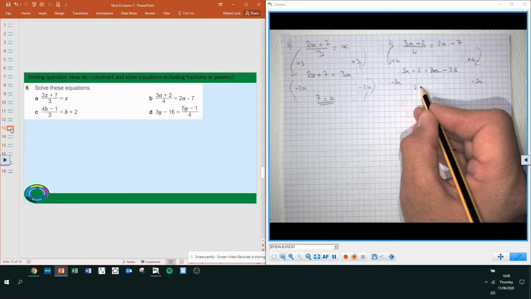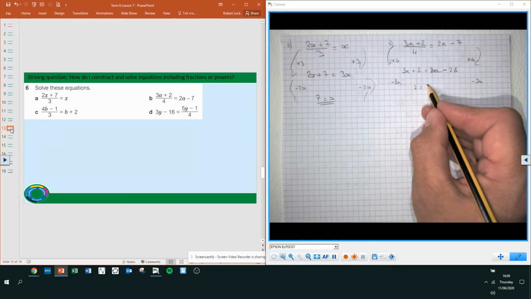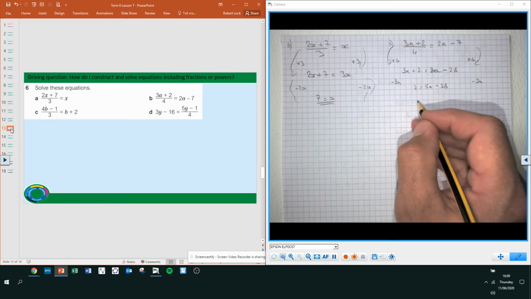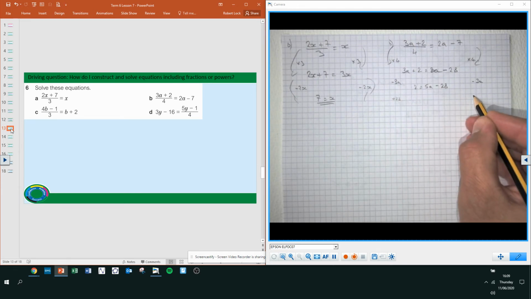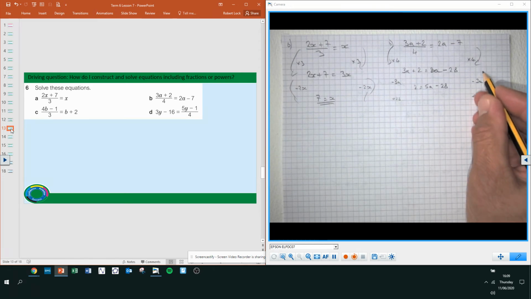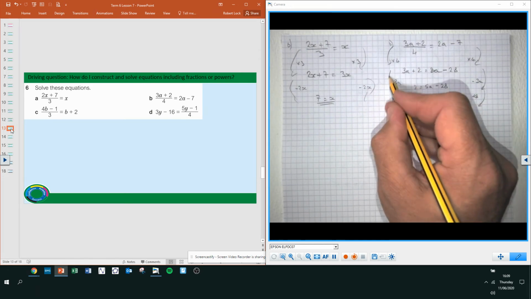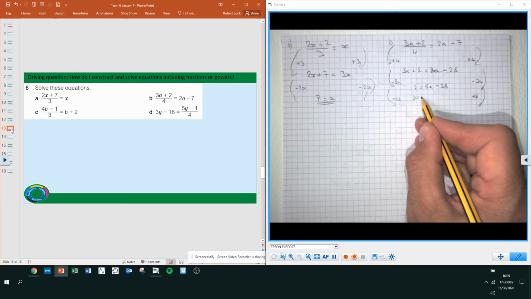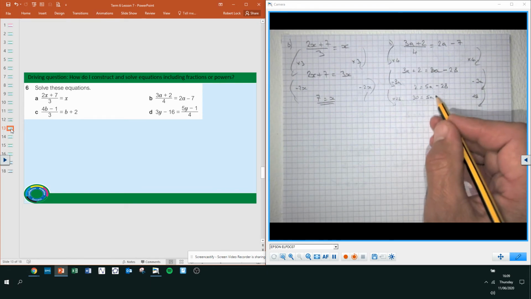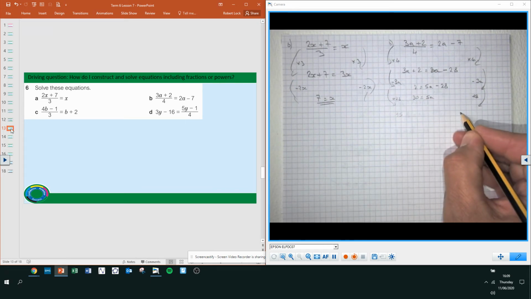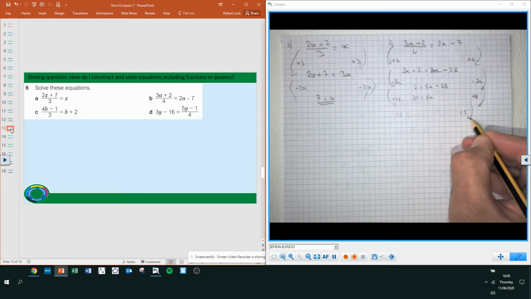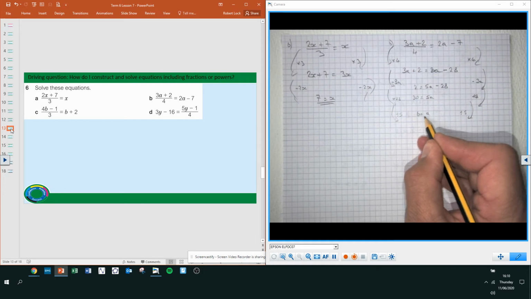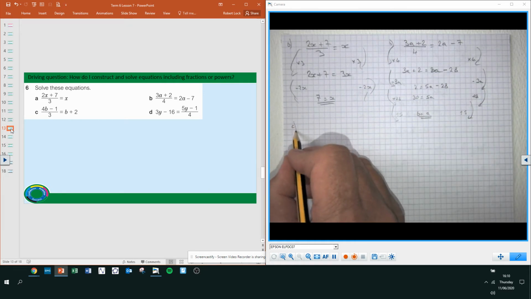End up with 2 equals 8a take away 3a is 5a, minus 28. To get rid of minus 28, we need to add 28 both sides. So 2 plus 28 is 30, equals 5a. Divide both sides by 5. Six equals a. C.